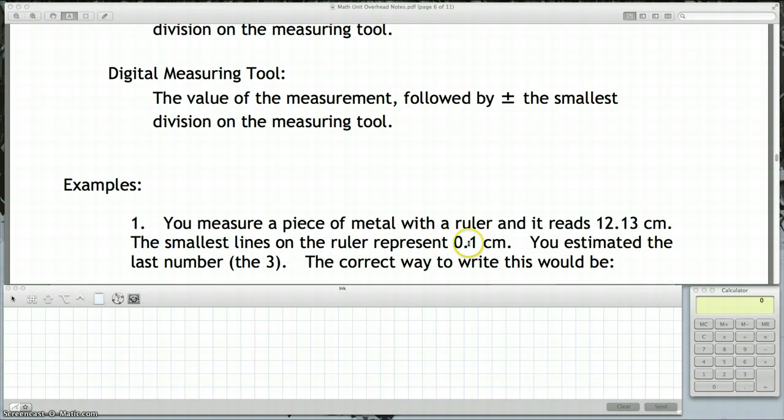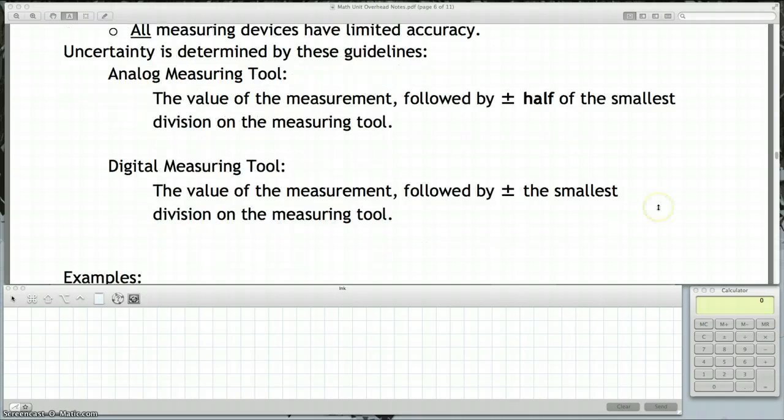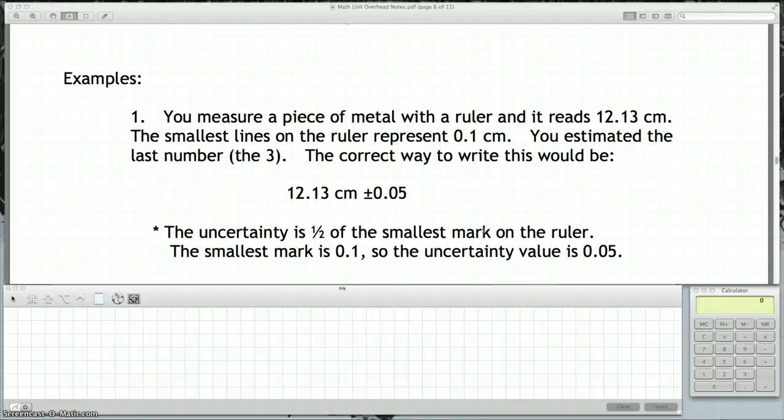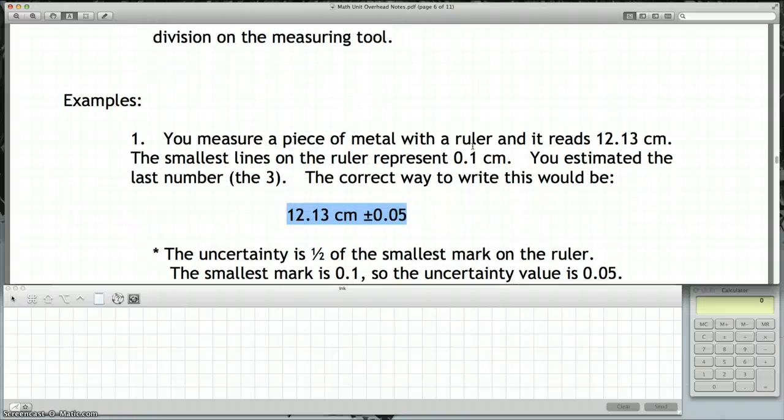The smallest division is 0.1 centimeters, so half of 0.1 is 0.05. So the way I'd write my final answer is 12.13 centimeters, plus or minus 0.05.